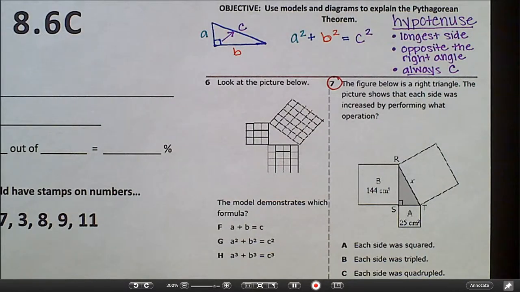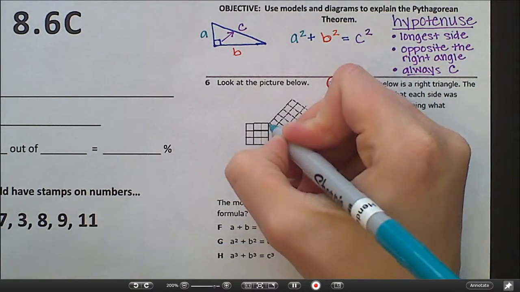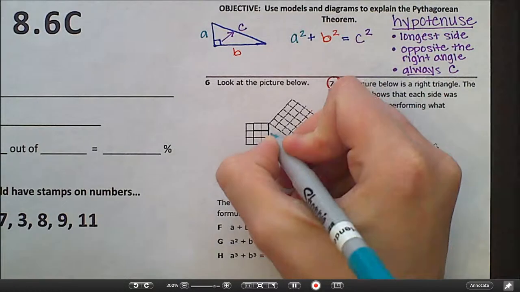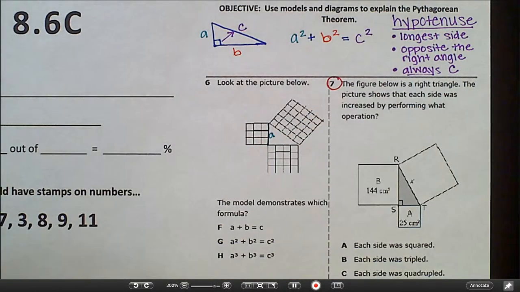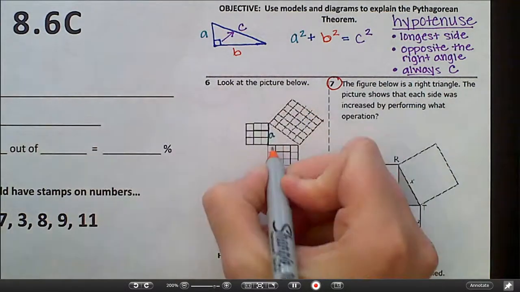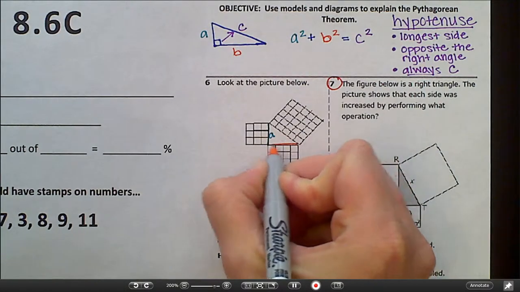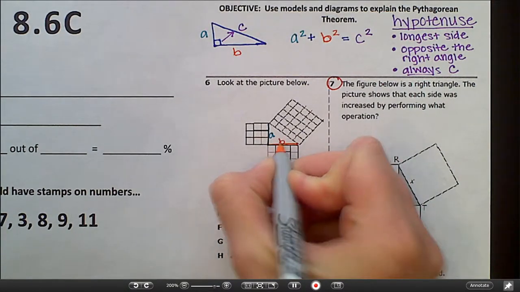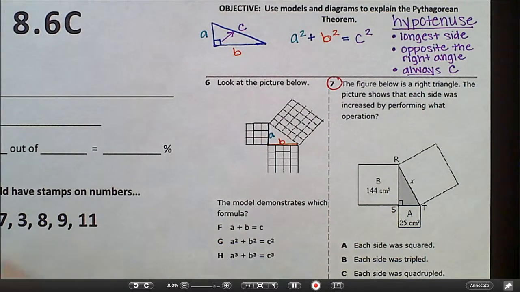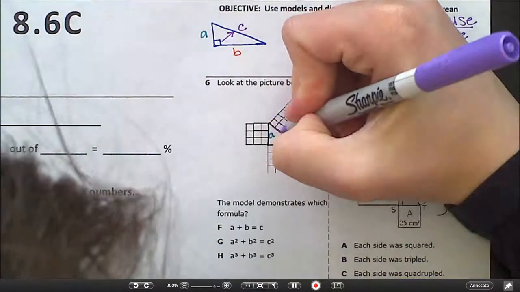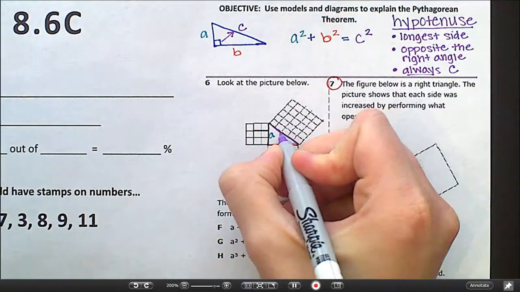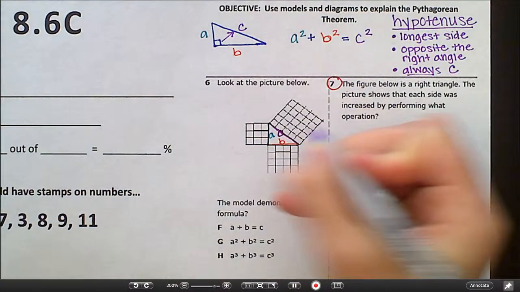So let's use our same colors down here. We're going to call this A. And we'll call this B. And the hypotenuse, the longest side, is C. It's kind of an ugly C.